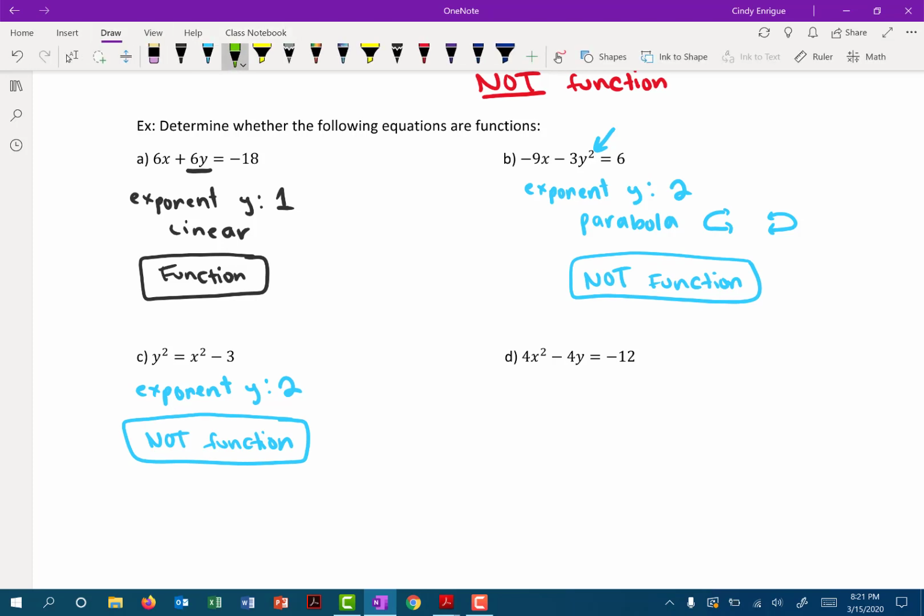And here we have the exponent on y is 1. Therefore, this is definitely going to be a function. Okay? So you really want to pay attention to the exponent on y.